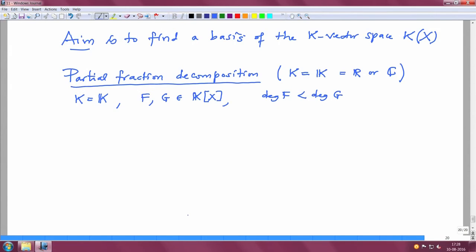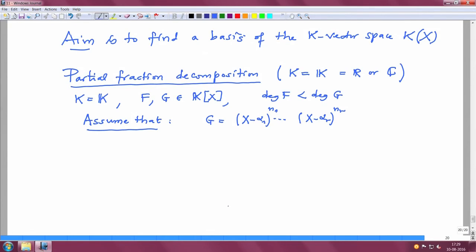And to start with, I will assume the field is C, so that g is a product of linear polynomials. So g factors like this: g is (x minus alpha 1) power n1 up to (x minus alpha r) power nr. This happens for any polynomial in C, that is what we have seen in the earlier part of the lecture.